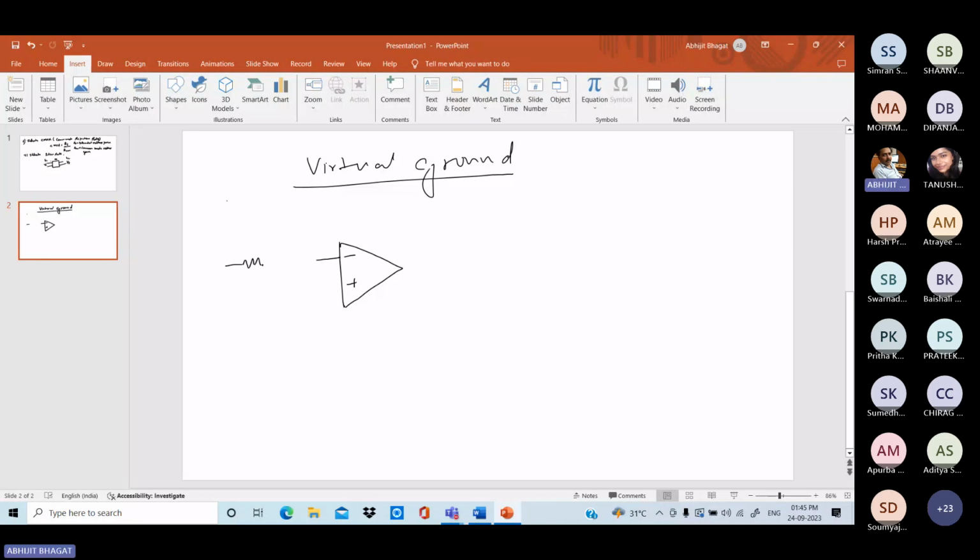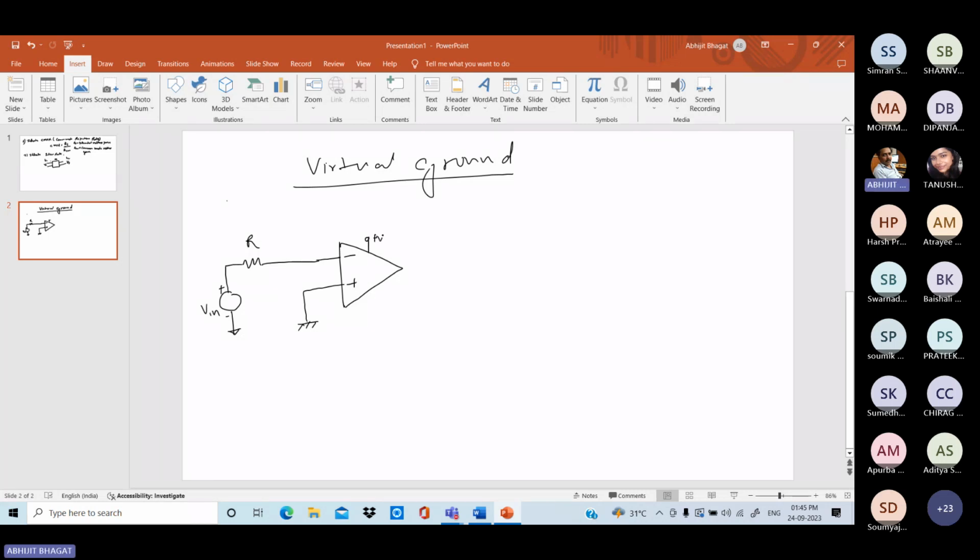This is, suppose, resistance R. Here the input voltage is, suppose, Vin. Vin is the input voltage. This is the ground symbol. Plus minus is your input voltage. This positive terminal is grounded. These both are ground, just a different symbol for ground.